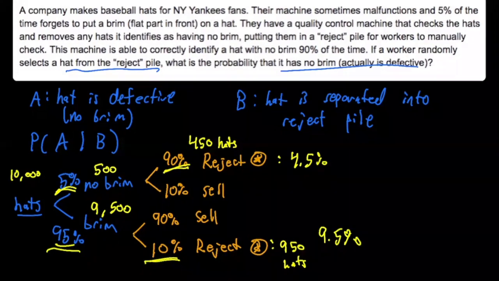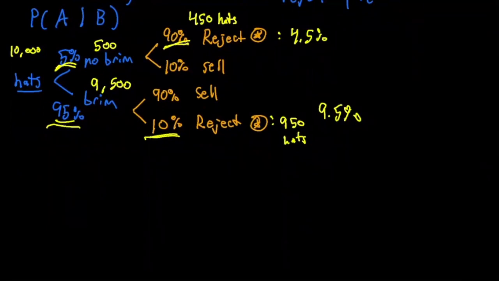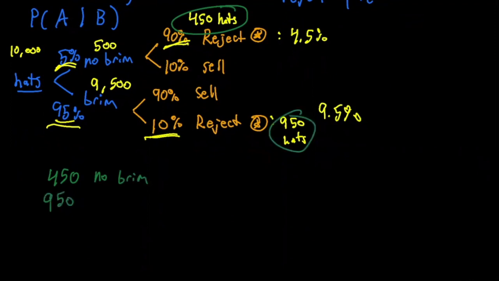So all in all, we have, let's scroll down a bit, 450 hats that were in the reject pile that have no brim, and 950 hats that have a brim. Or we could look at percentages, 4.5% have no brim, whereas 9.5% have a brim.